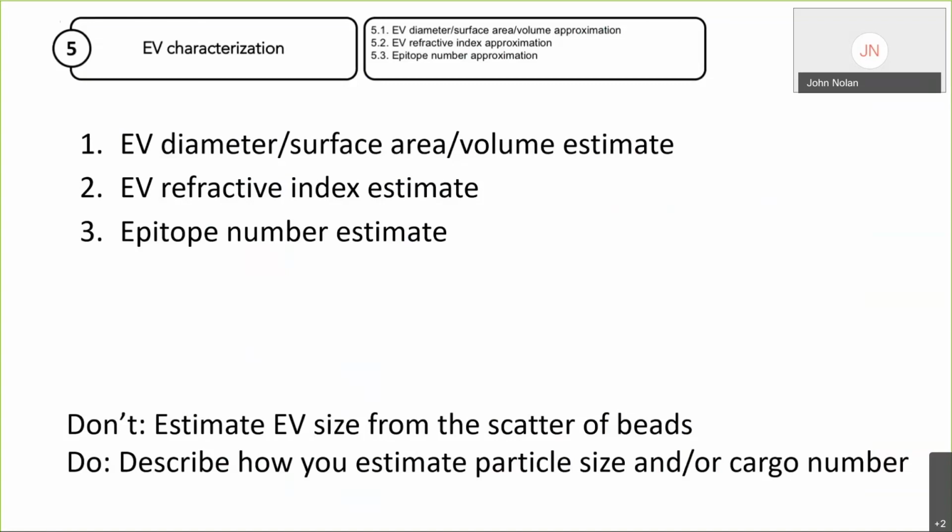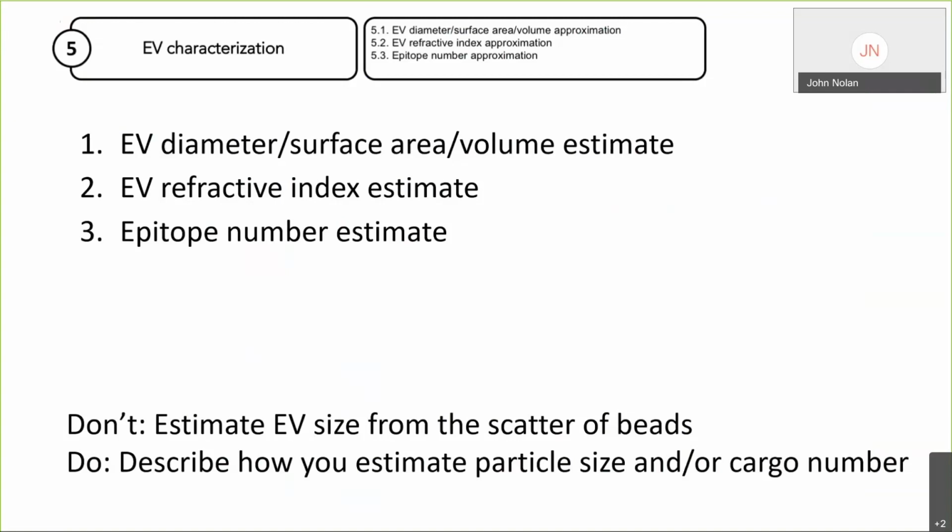A good description of the assumptions and models that went into your size estimates is required. Similarly, we can foresee a day where flow cytometry measurements will report on refractive indices of different particles, and likewise, it's going to be necessary to describe in sufficient detail how you arrived at those estimates.